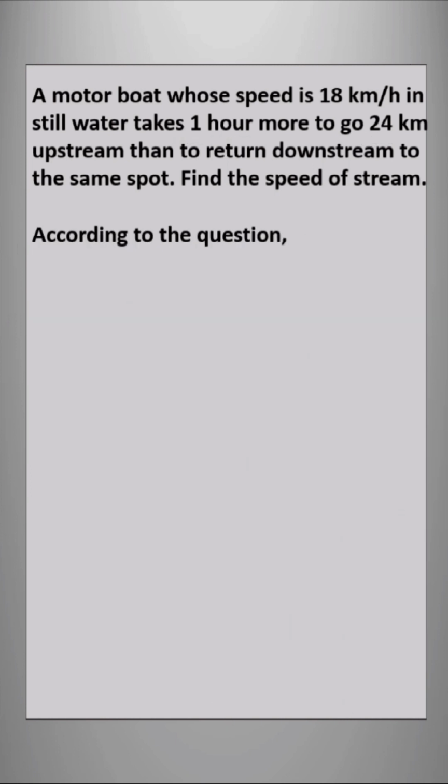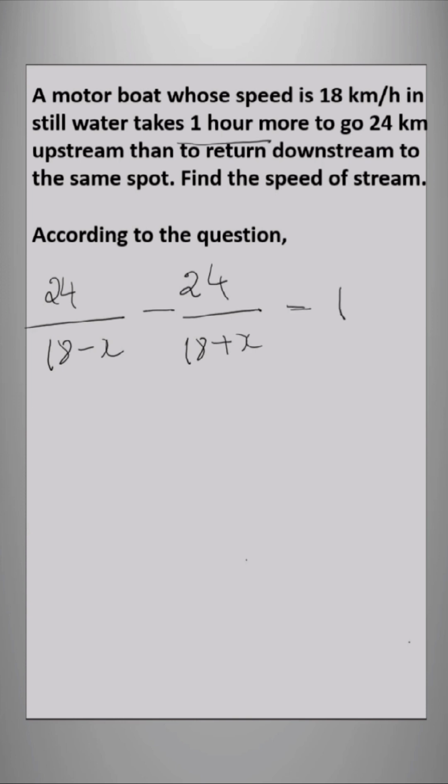So according to the question, the time taken for upstream, 24 by 18 minus x, minus the time taken for downstream, 24 by 18 plus x, is 1. It takes 1 hour more.